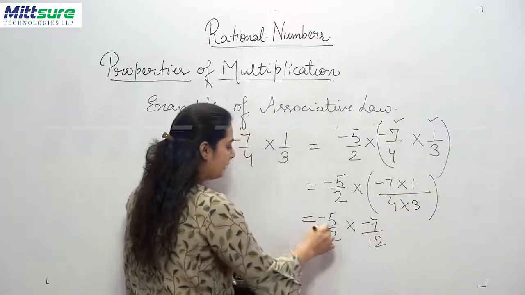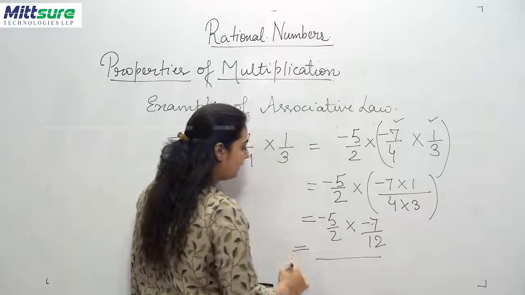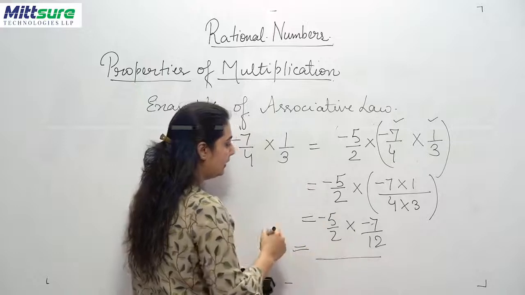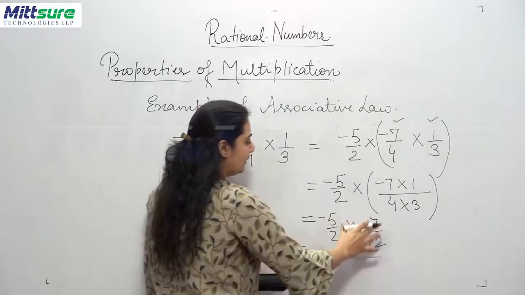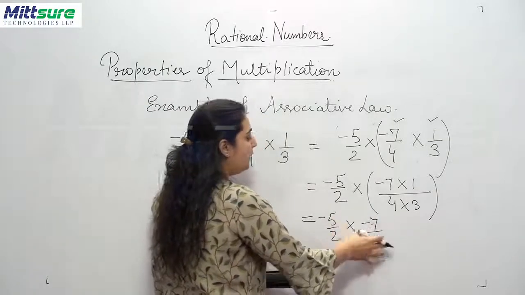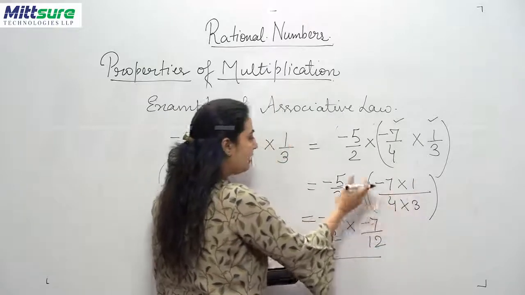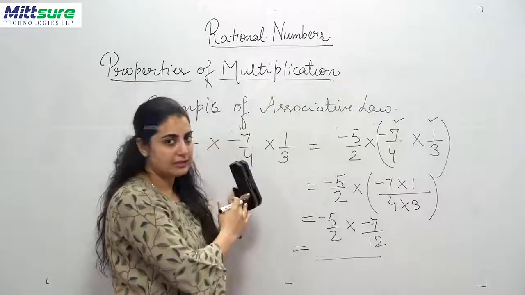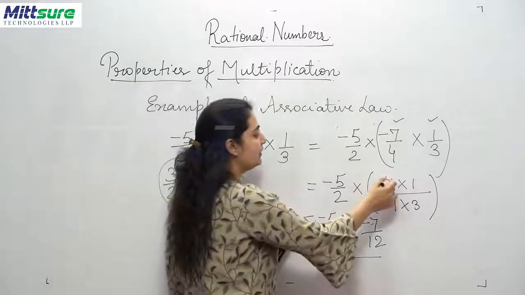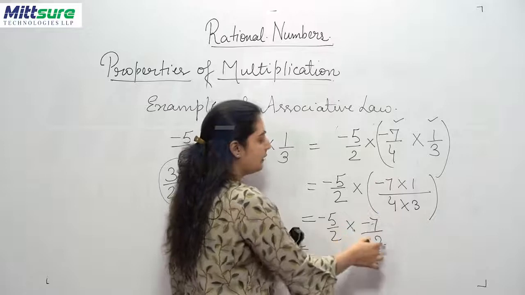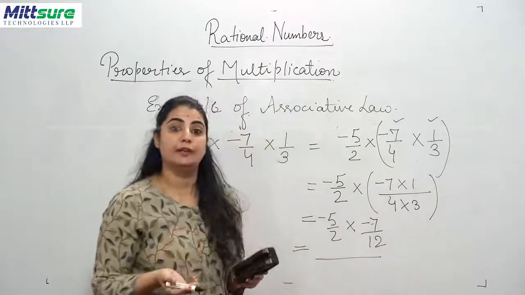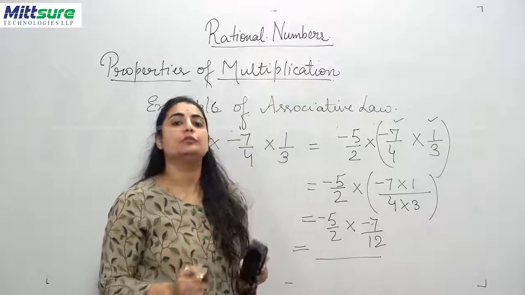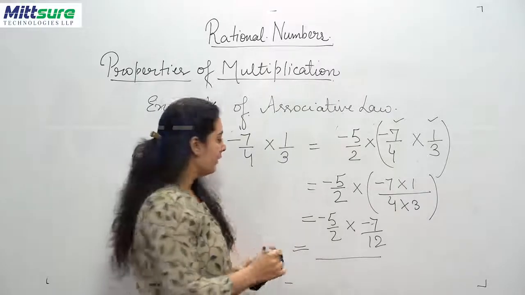Again I will be multiplying the numerator with the numerator and the denominator with the denominator. Now you will get an idea of the products which you are getting. We got a different product when we solved the bracket in the previous case. Now after solving the bracket, in this case the product which we have got is different, but certainly it is not going to make any difference to the final product.